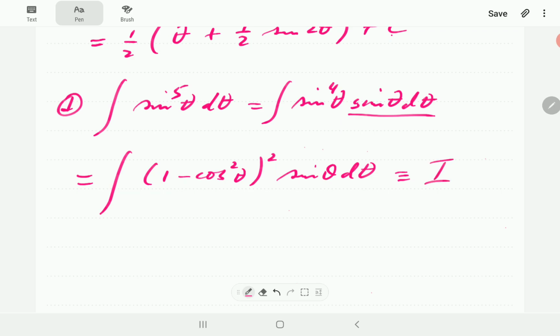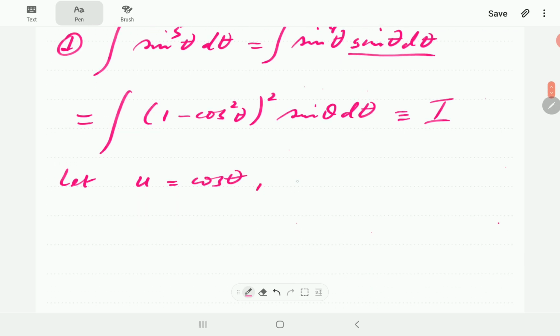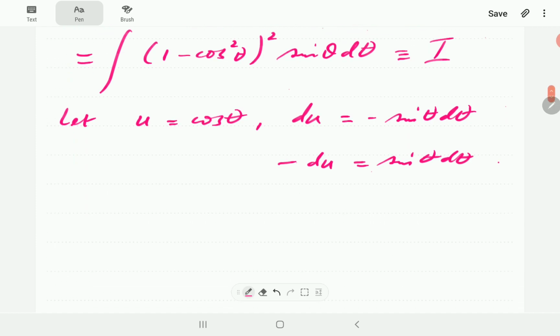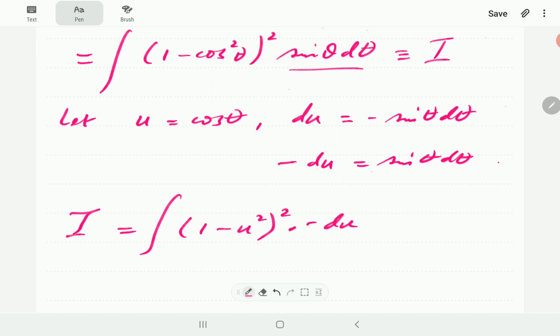Then if we let u be equal to cosine theta, then du is going to be negative sine theta d theta, which means sine theta d theta is negative du. So our integral is going to be 1 minus u squared squared, because cosine is u. Then sine theta d theta is negative du.